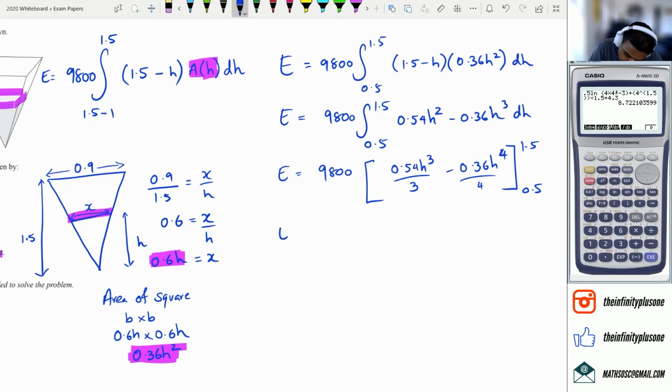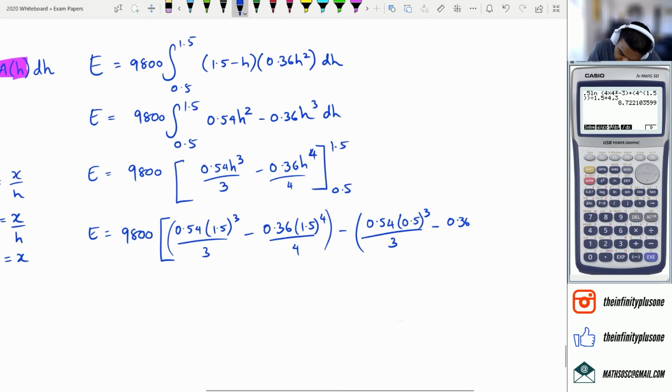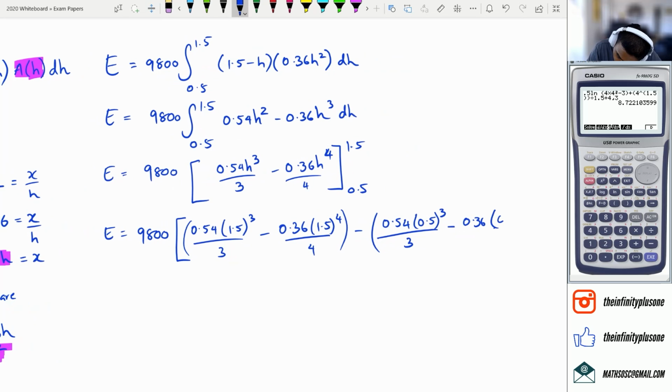So putting this in, just substituting all the values in, we get 9,800 multiplied by 0.54 times 1.5 cubed over 3 minus 0.36 times 1.5 to the power of 4 over 4. Of course, that has to be subtracted with 0.5 as well: 0.54 times 0.5 cubed over 3 minus 0.36 times 0.5 to the power of 4 over 4.